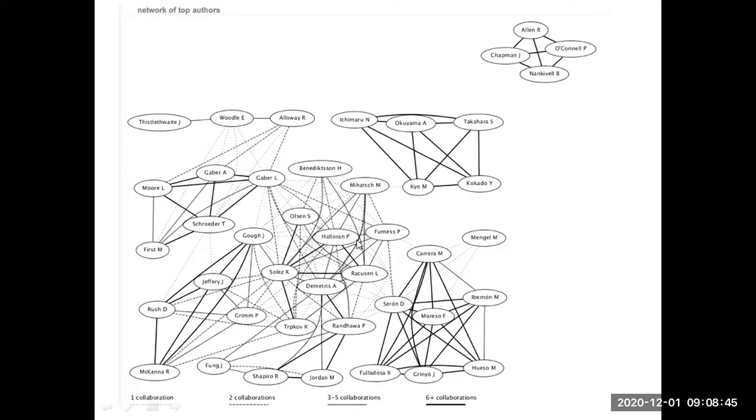Then you can see this big network here where Soles himself appears, Kim himself appears, and then along with many other authors, they work in collaboration together. And the lines here, the dark lines depict more collaborations, and the lighter and dashed lines depict lesser and lesser collaborations, and so on.